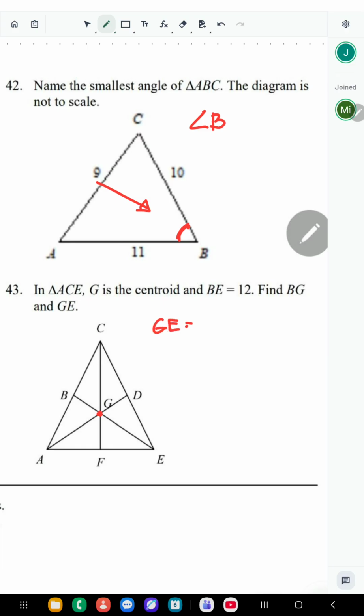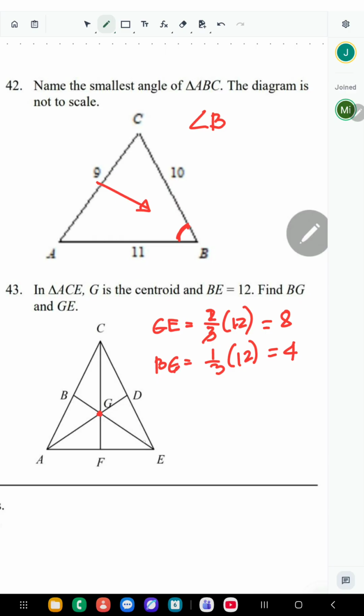So GE is just equal to 2/3 of BE. Then BG is 1/3 of BE. So what is that? 8. This is 8. 12 divided by 3, this is 4. So that's how you do that if you're given a centroid problem.